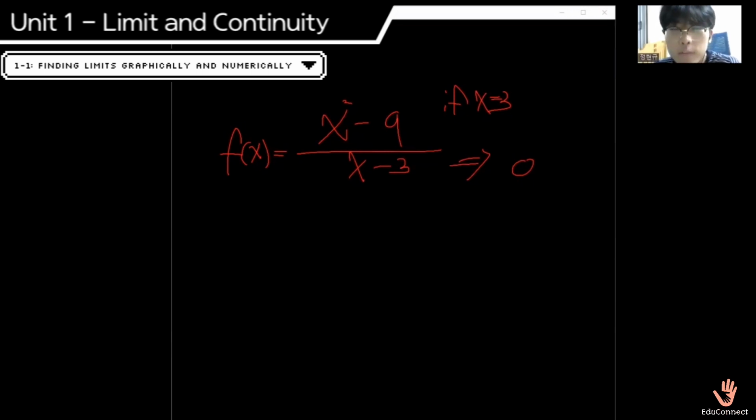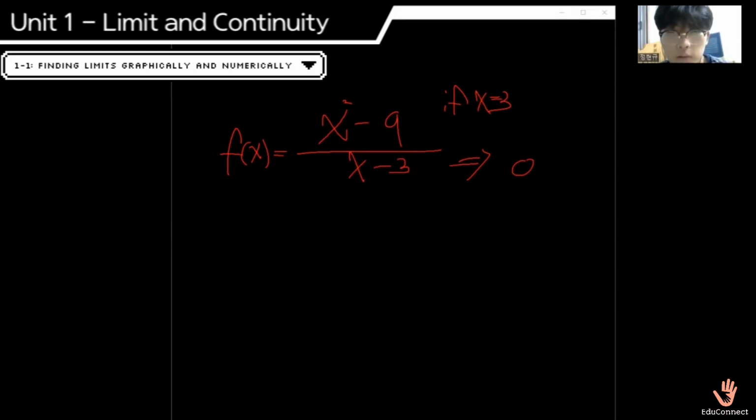To get an idea of the behavior of the graph of f as it gets closer and closer to 3, we're going to use a table of values. So we're going to look at x values from two different directions. In one direction, we're going to look at the value of the function as x approaches 3 from the left side.